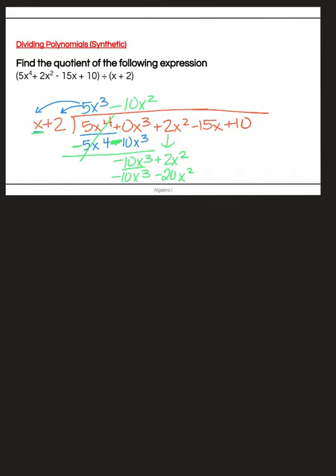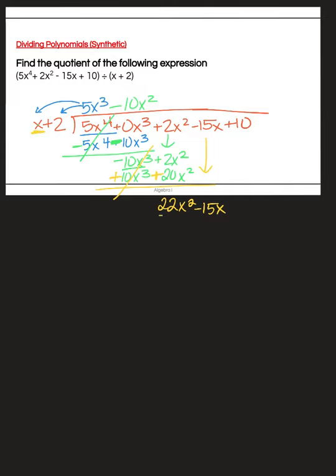Next, I'm going to change my signs to represent subtraction. So this will become positive, and this will become positive. So I'm going to have negative 10x cubed plus 10x cubed, which is 0. And then 2x squared plus 20x squared is 22x squared. And I'm going to bring down the negative 15x.